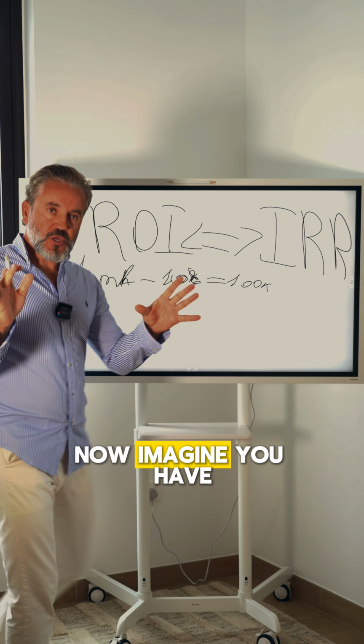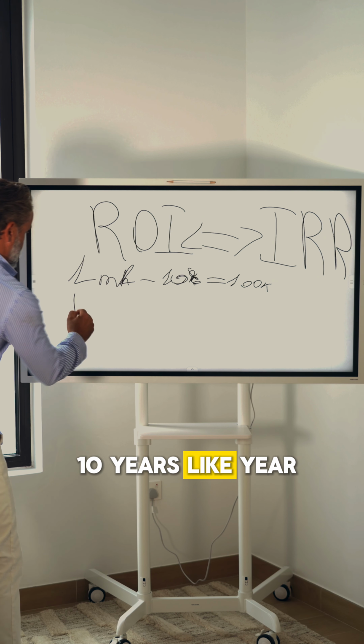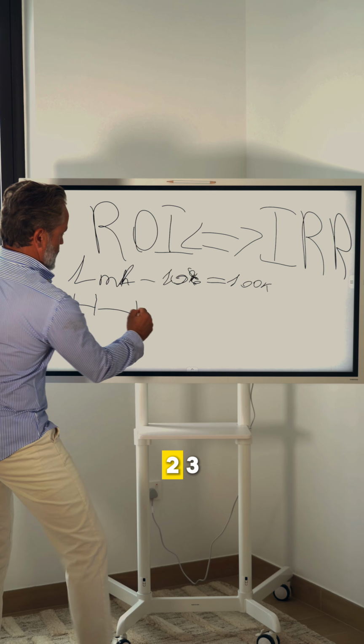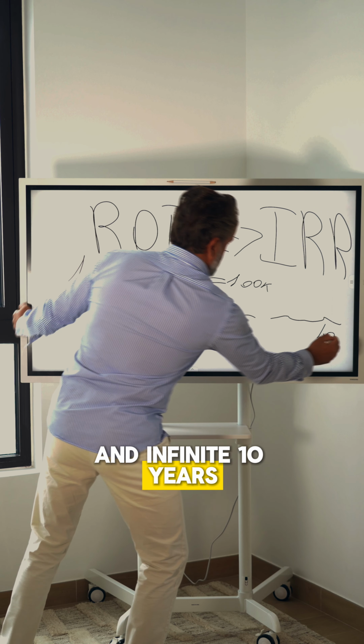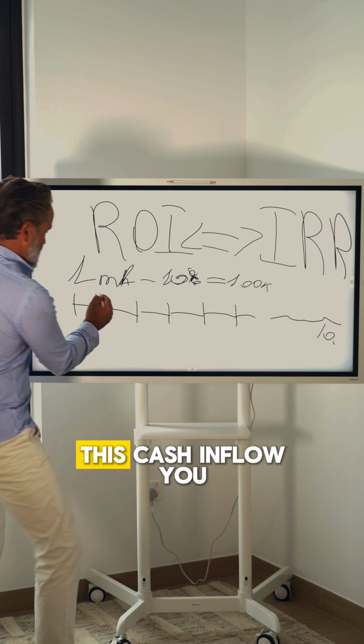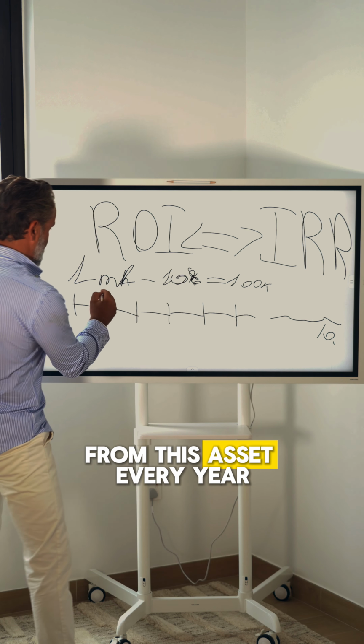Now, imagine you have an asset, you hold it for 10 years, like year number 1, 2, 3, 4, 5, and so on, 10 years. How do you calculate the cash inflow you get from this asset every year?